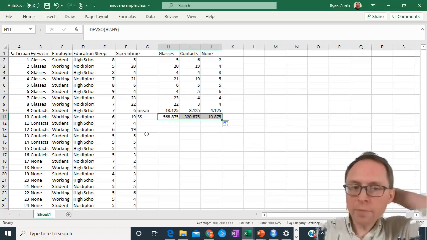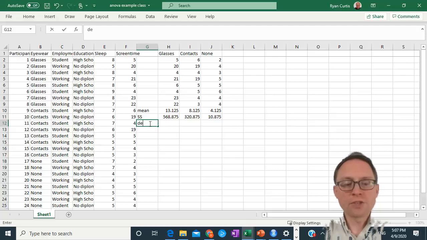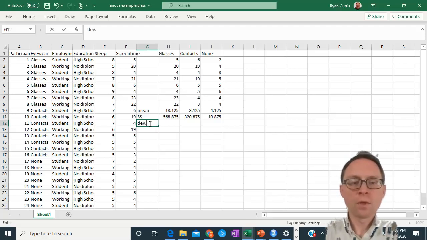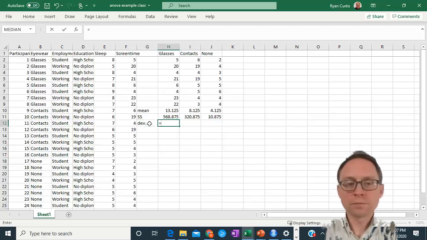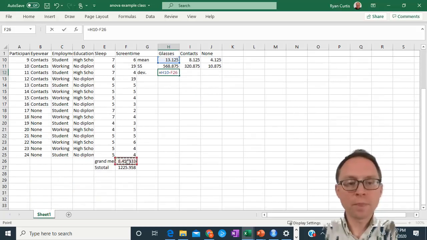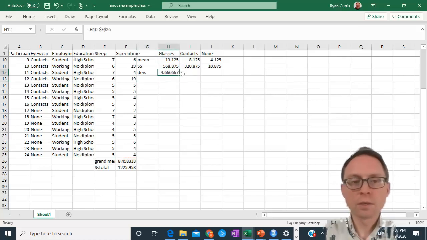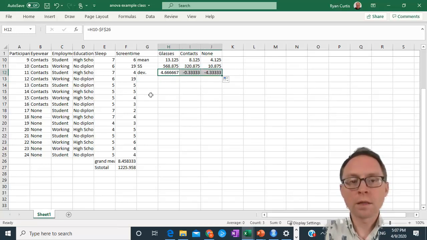All right. Then we need to get the deviation for each of the groups, which is going to be this minus the grand mean, which is right down here. I'm just going to keep that where it is so I can just go like this and like that.